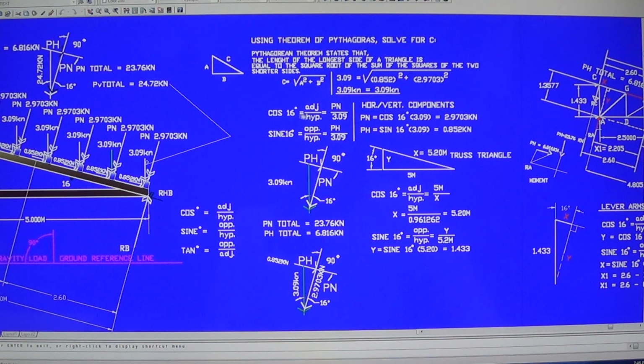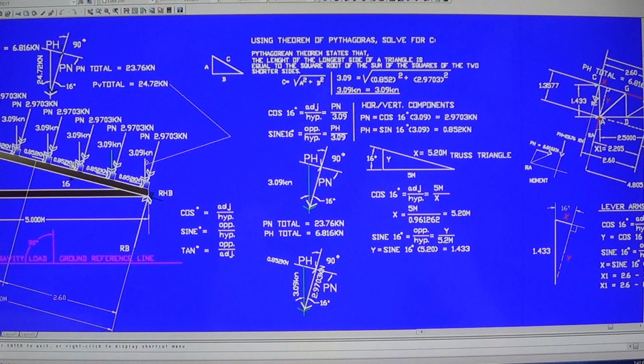Cosine 16 degrees equals Pn divided by 3.09. Cross multiplying, Pn equals cosine 16 degrees times 3.09, you get 2.9703 kilonewton per one normal load. That's individual. Here it is applied, I draw it here, 2.9703 kilonewton.